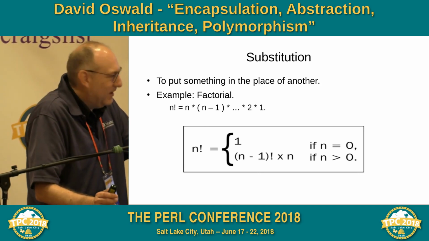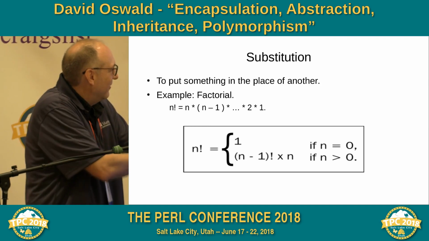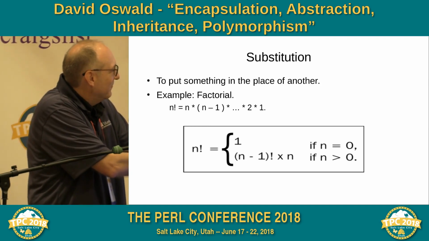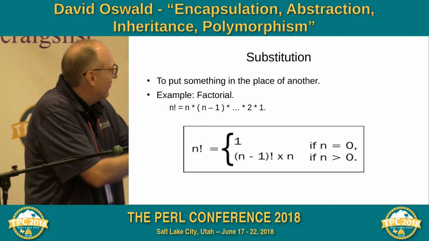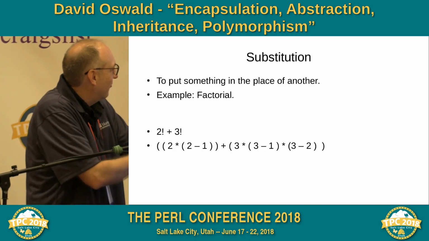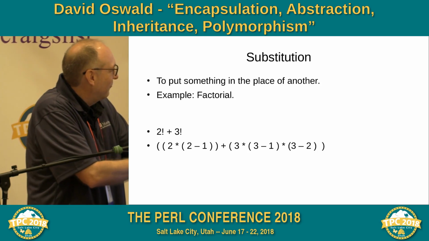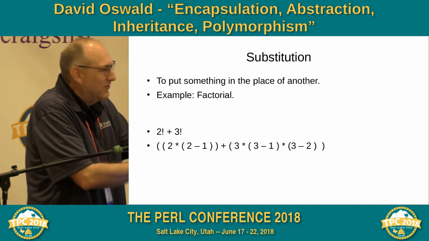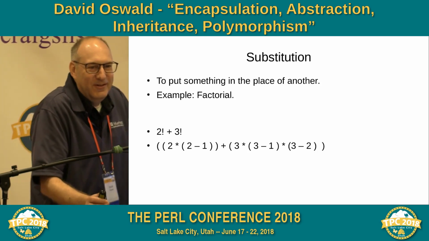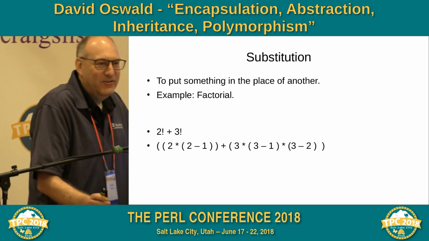But because it's really hard to reason about formulas that have all of this in them, we tend to use just this. And so we will tend to say 2 factorial plus 3 factorial instead of saying 2 times 2 minus 1 plus 3 times 3 minus 1 times 3 minus 2, because that's just too laborious, right? And too hard to reason about.